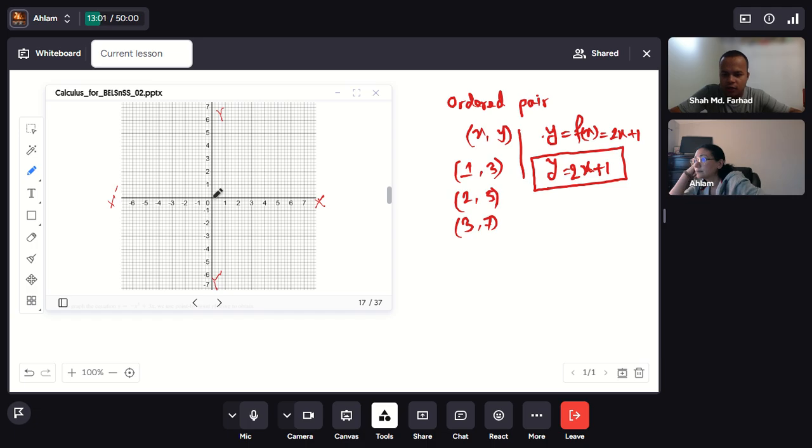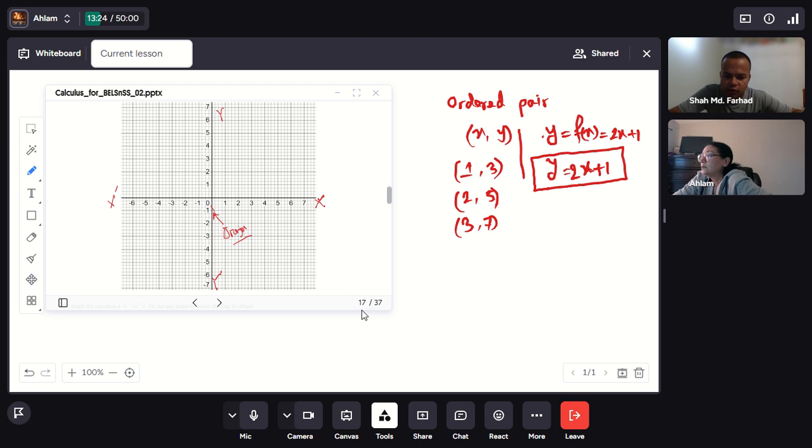And the point at which they intersect is called the origin point, that is O. The coordinate of this point is 0, 0.